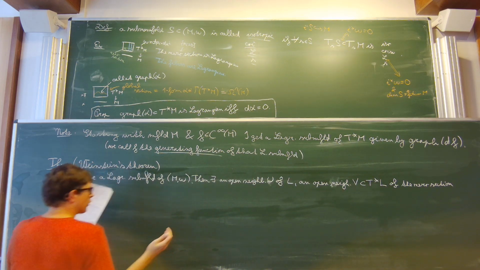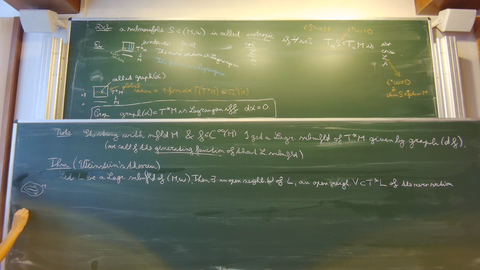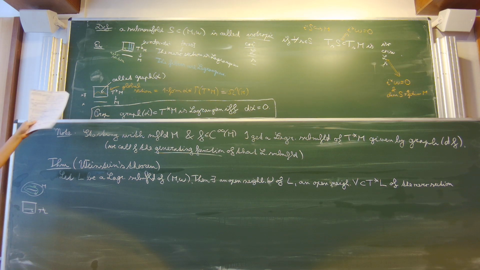So there always exists a neighborhood around L itself. This is L, this is M. So there exists some neighborhood U here. And there exists another space, which is just T star L, which has this zero section inside, which you can identify with L. I forgot to say that: the zero section is essentially the same as the underlying manifold.